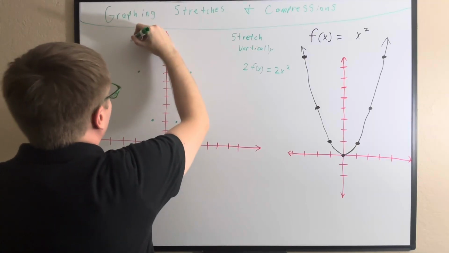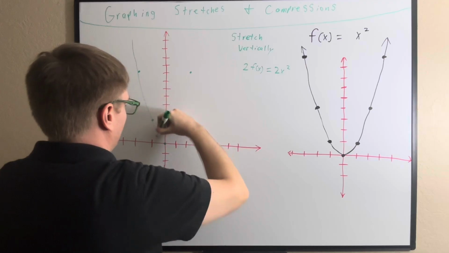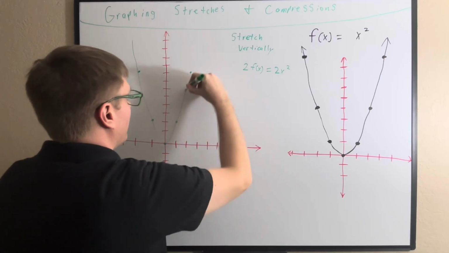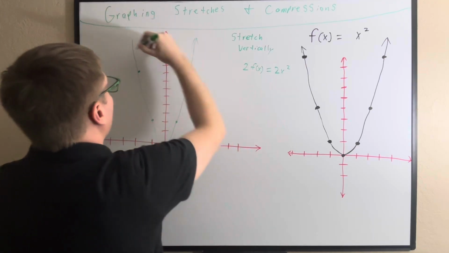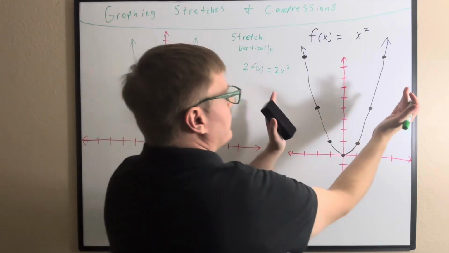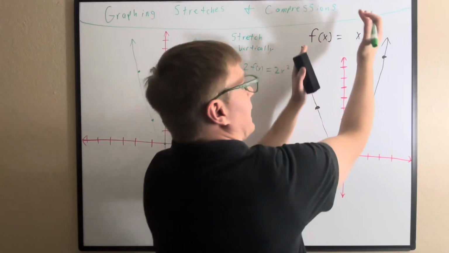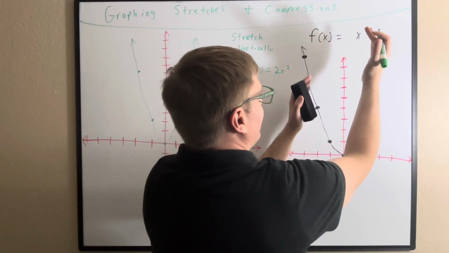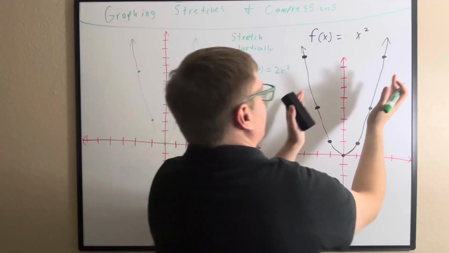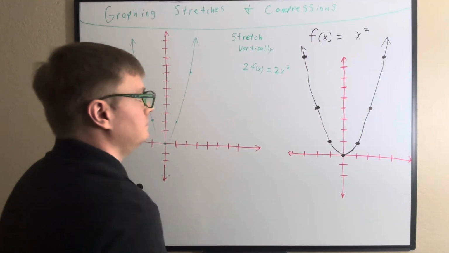So we're just going to graph it like this. And that is a vertical stretch. We took this, we made it kind of stretch, and it goes up faster, which is really what it's doing, but we're just kind of stretching it.